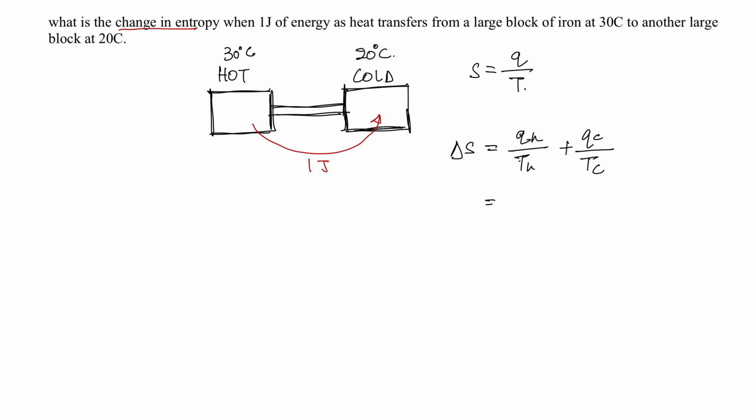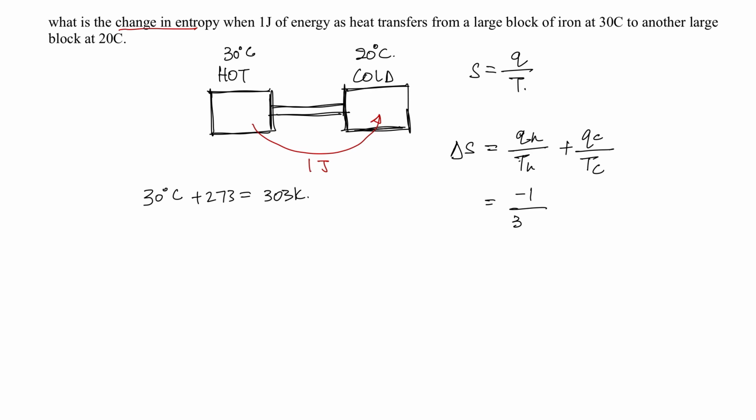Now, the hot block is losing a joule of energy, so it's going to be -1 divided by the temperature. Now, temperature needs to be in Kelvin. So 30 degrees Celsius plus 273 is equal to 303 Kelvin.